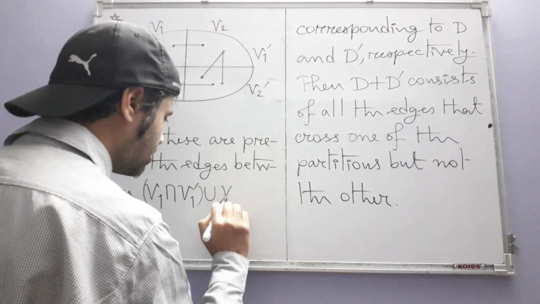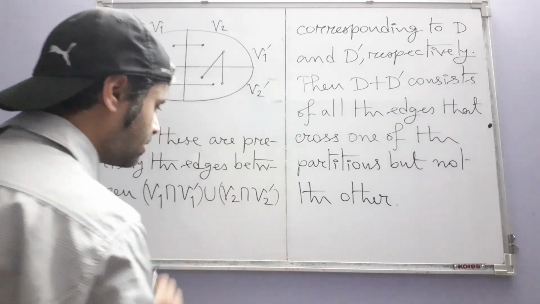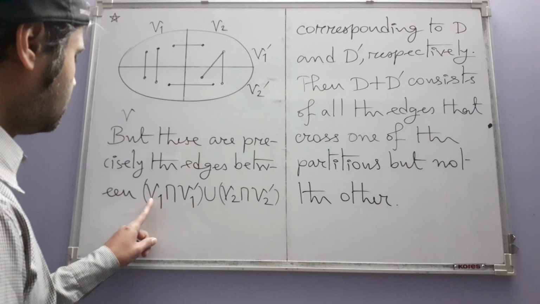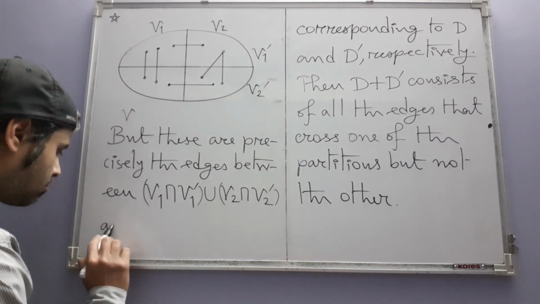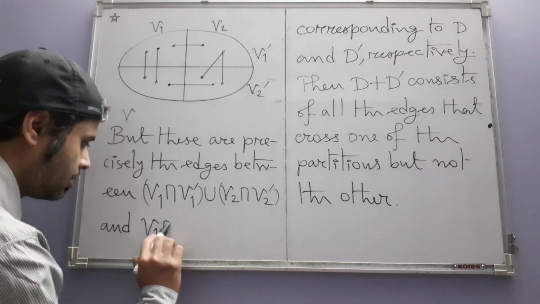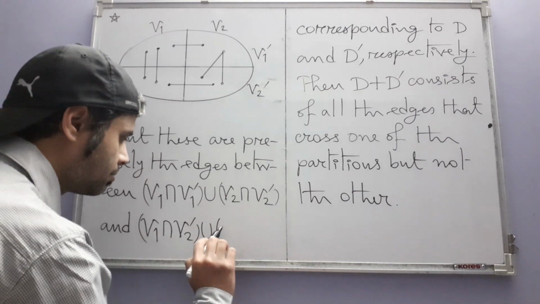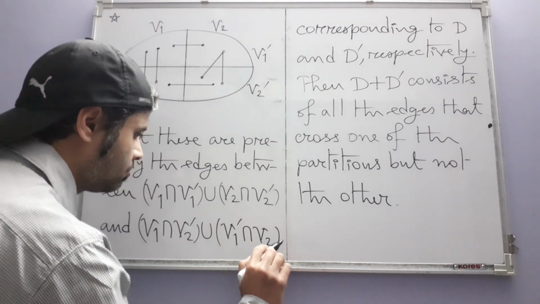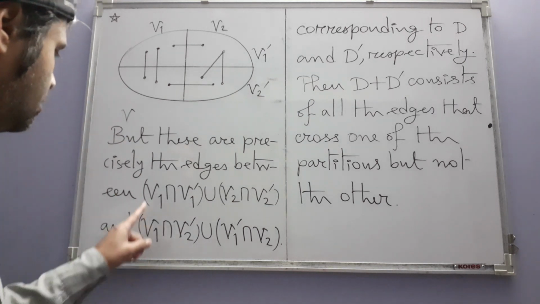Let me first write and then I will see what it is that we have in the figure and try to match it with this one. Between this set and V1 intersection V2 prime union V1 prime intersection V2. Let's see, does it make sense?